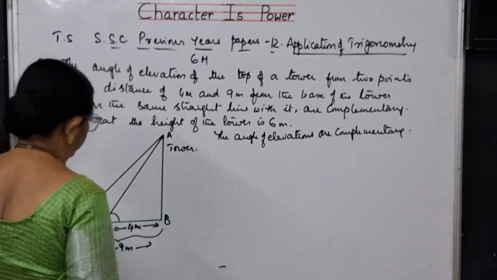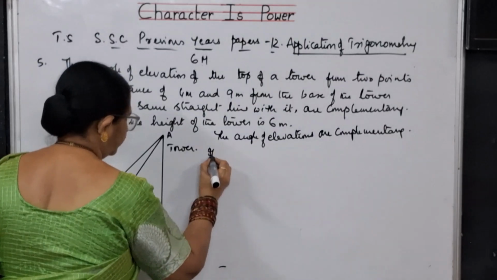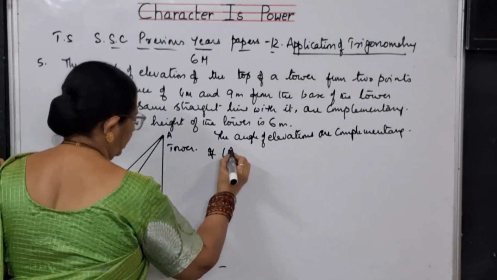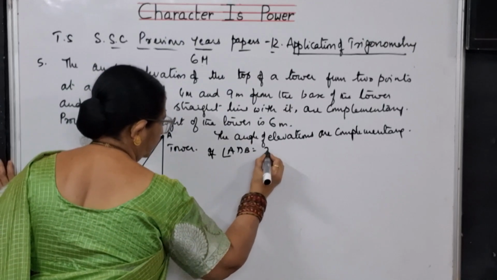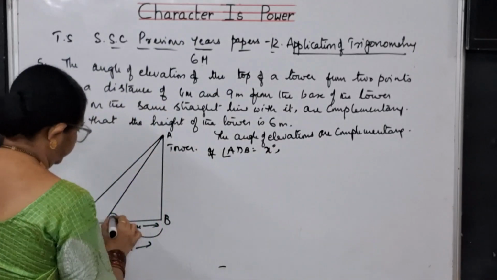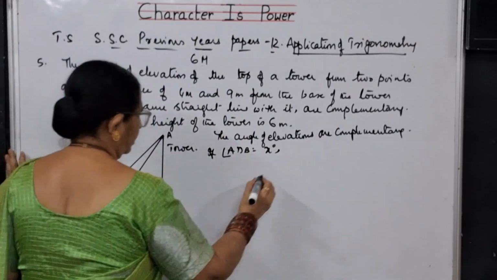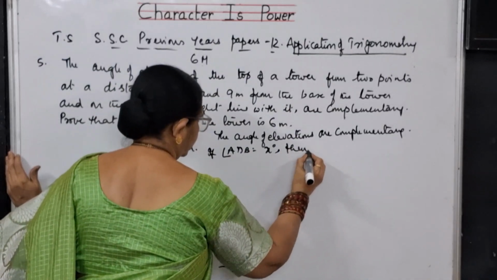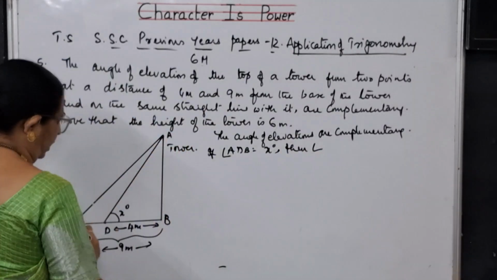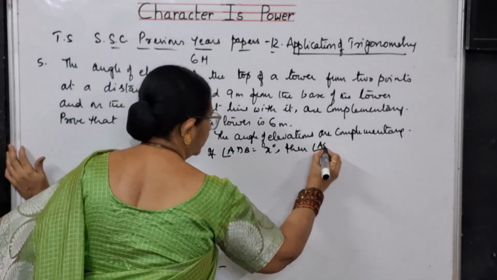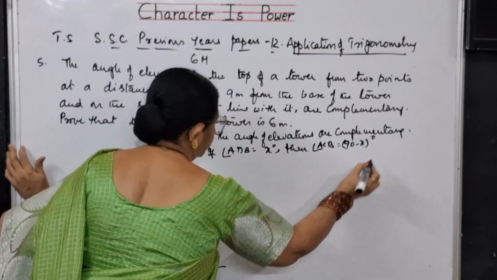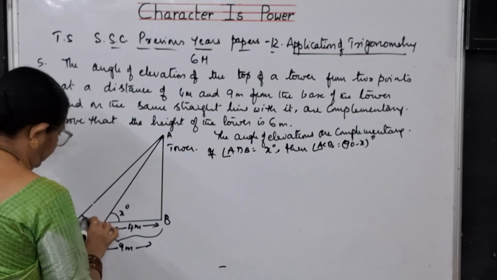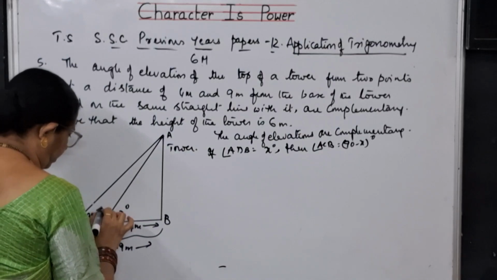Complementary means if angle ADB is equal to x degrees, then angle ACB will be equal to 90 minus x degrees because sum of these two is 90 degrees.